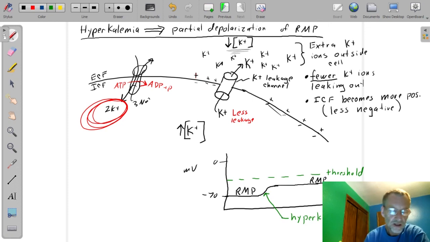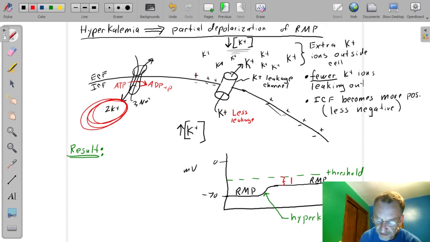Okay, so the result of this is the cell more or less excitable? In the previous slide, we saw that hypokalemia made it less excitable. In this case, their membrane now is much closer to threshold. It could be just a little bit closer to threshold.